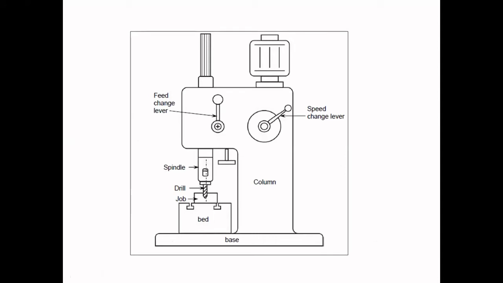You can see this diagram, and here is the base, column, this is the drilling head, this is the spindle, here is a drill, and this is the job or workpiece clamped on the bed.